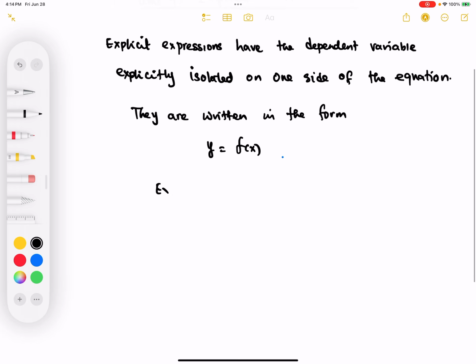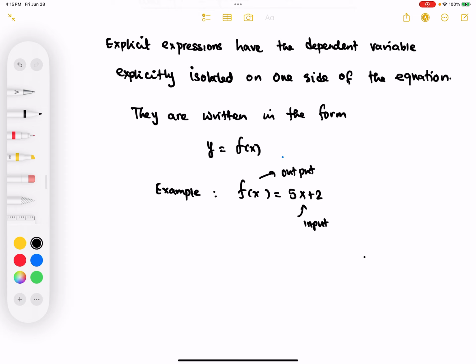For example, f of x is equal to, let's say, 5x plus 2. There is the input and this is the output, right? We know how to find the derivative of such kind of expression.